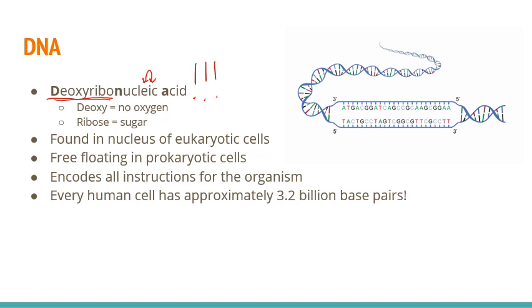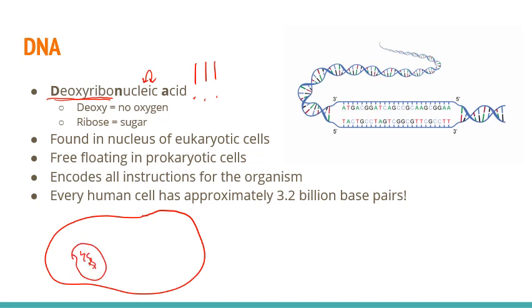DNA is found in the nucleus of eukaryotic cells. If we remember back to Year 11, it was the very first thing, back in Unit 1. A eukaryotic cell is a bit more of a complex cell which has membrane-bound organelles. So it'll have a nucleus, which is where you'll find all your DNA.